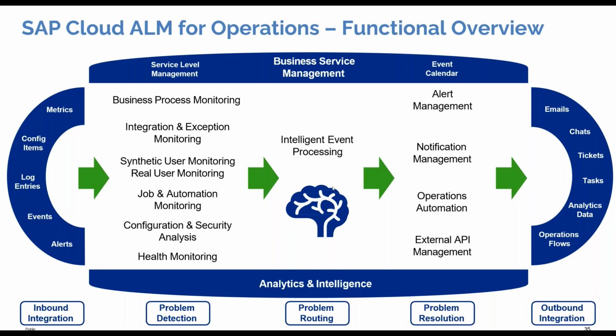There's also job and automation monitoring, so primarily any type of jobs that you have, let's say ABAP jobs within SAP. It will grab all of those jobs, and then you could monitor any type of canceled or delayed jobs, for example, and also raise alerts on those as well.